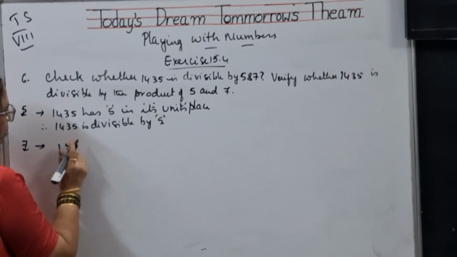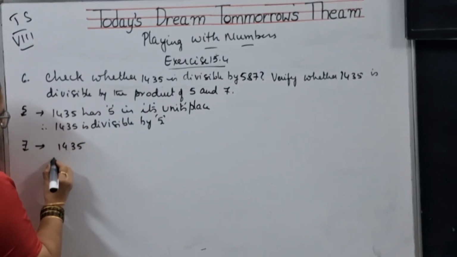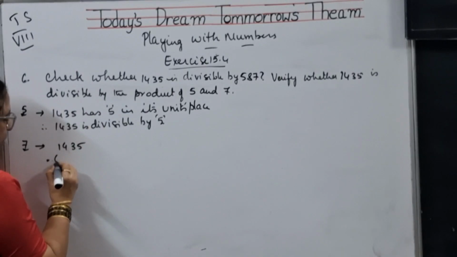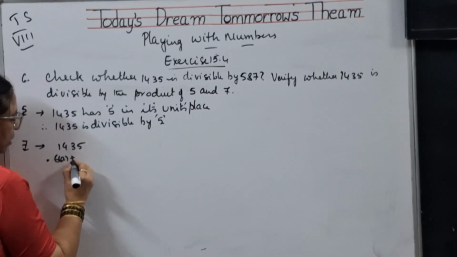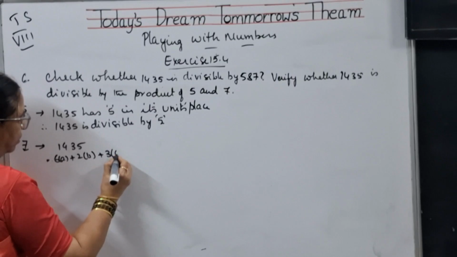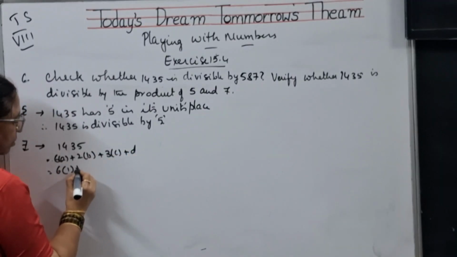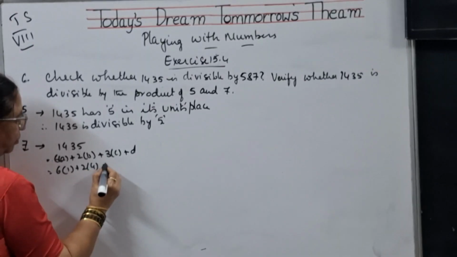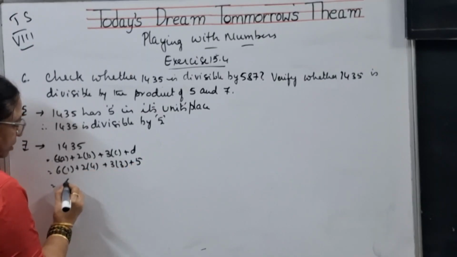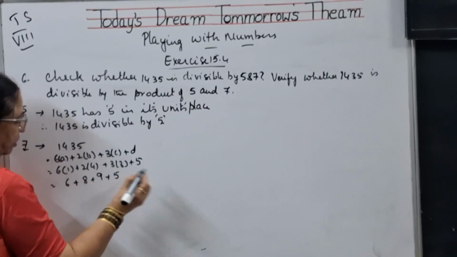The digits are 1, 4, 3, 5. So 6 into a plus 2 into b plus 3 into c plus d. 6 into 1, 2 into 4, 3 into 3 plus 5. 6 plus 8 plus 9 plus 5.